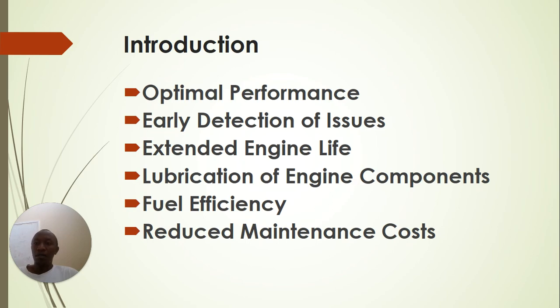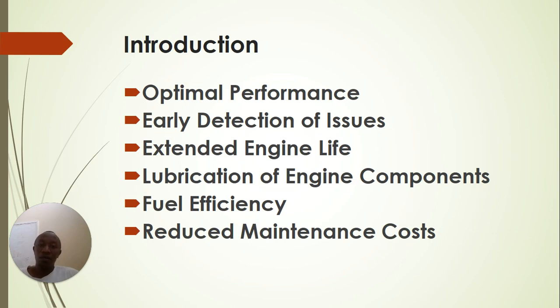The second reason is it can help you in detecting whether there are any issues with your machine or tractor. Another reason is it helps in extending the engine life of the tractor. Another reason is that the engine oil helps in lubricating engine components.